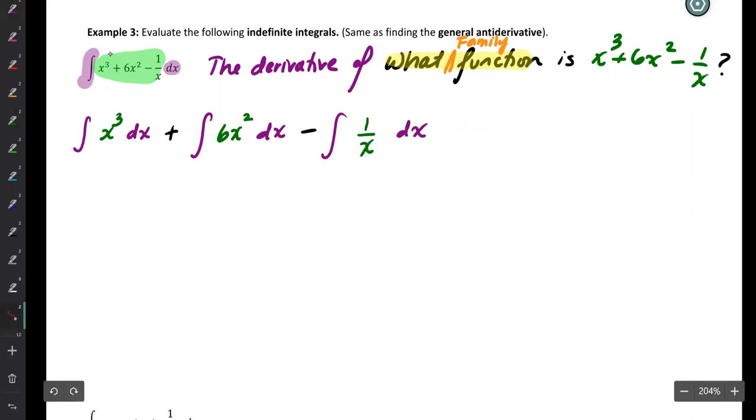I can compartmentalize my thinking. I can just anti-differentiate x cubed, then 6x squared, then 1 over x. And then I'm going to add and subtract those antiderivatives respectively.